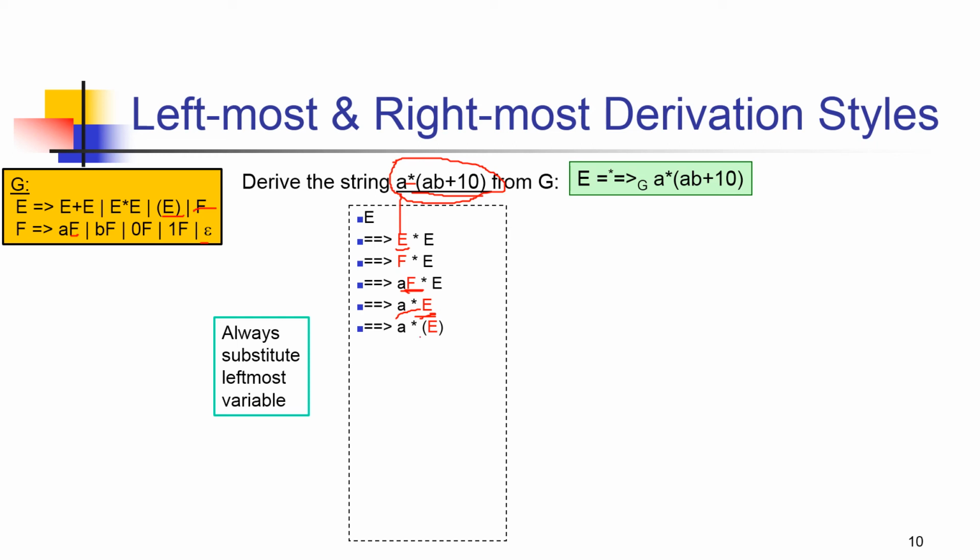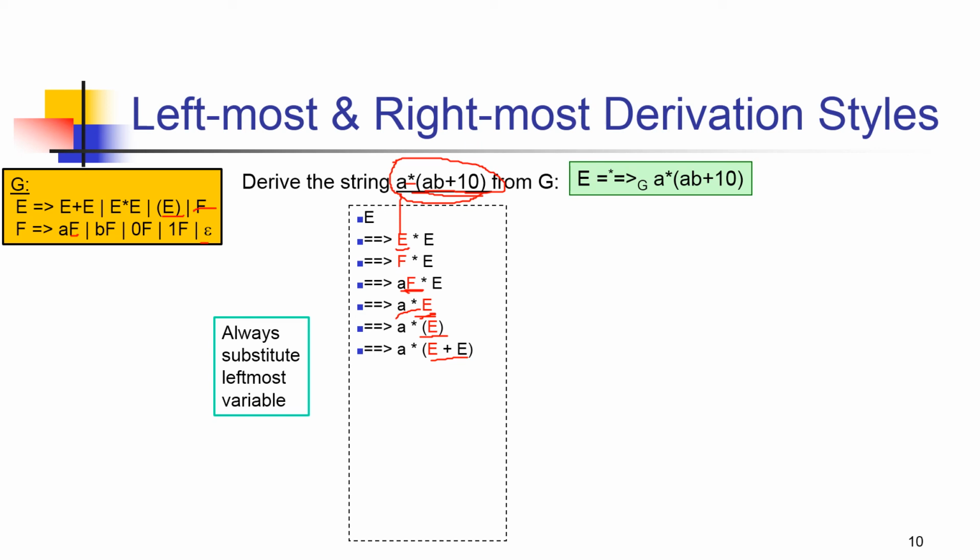So I have utilized this rule. Now again I have only a single variable, but further what I want is ab plus 1 0. So I require a plus sign, so I am going to utilize the rule E produces E plus E.